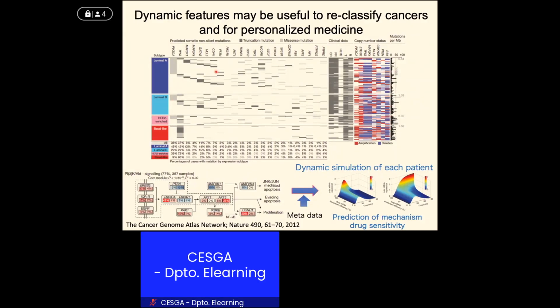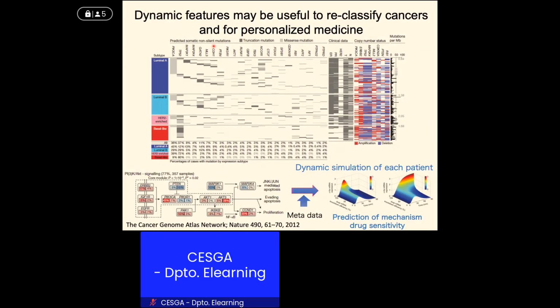But if you look at each patient, even in luminal A and luminal B, you have different mutations and different copy numbers for each patient. So it means that the classical classification is not good enough for the individual patient.